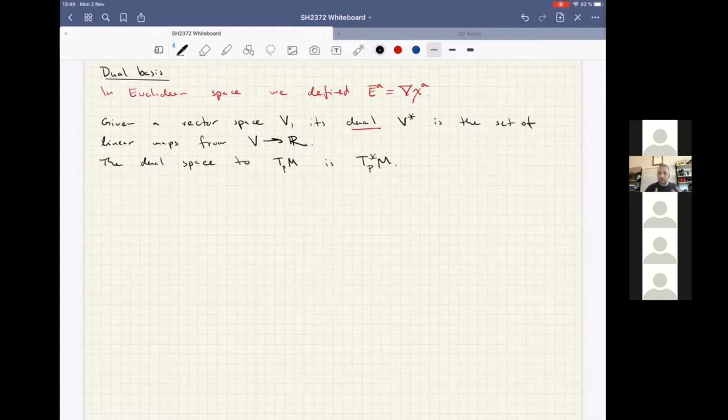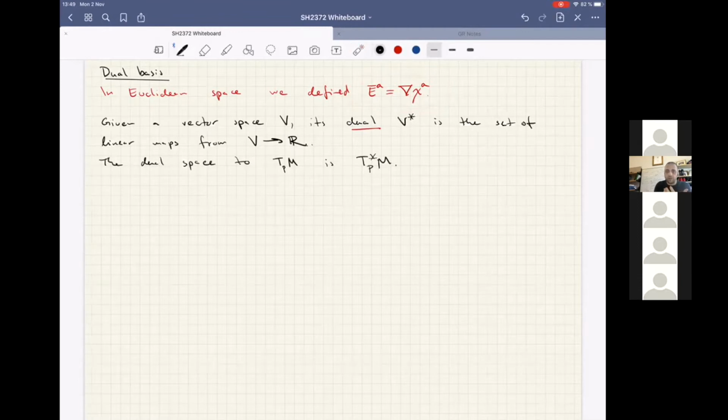And what we're looking for now is a way of constructing this, of finding a basis for this dual space. And we're going to see that it corresponds pretty neatly to what we did here.